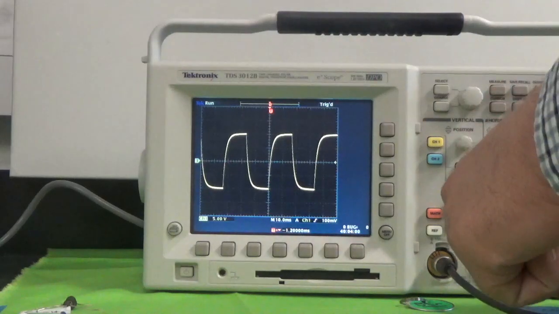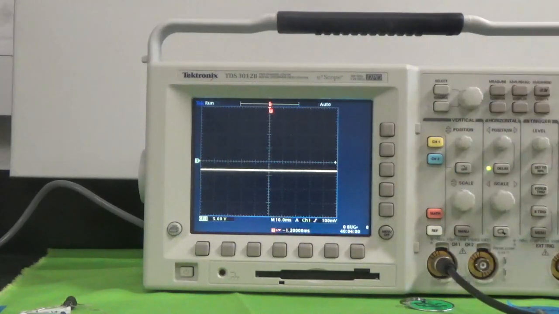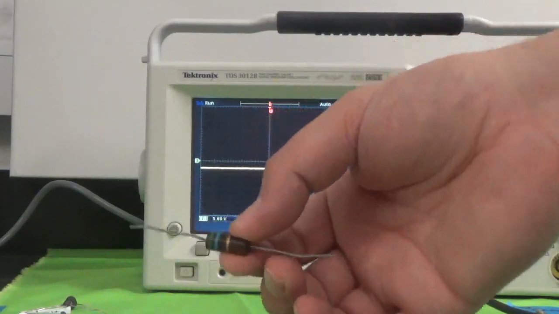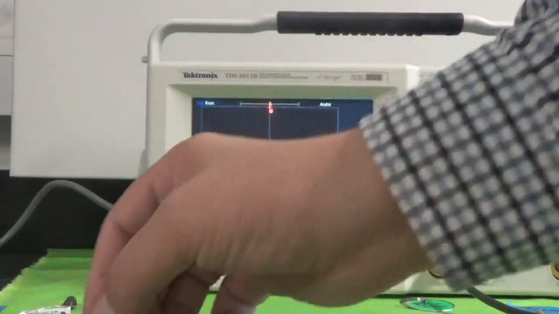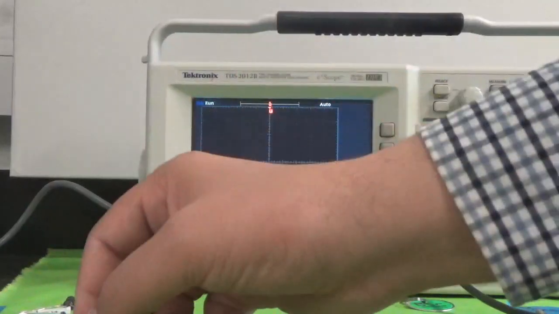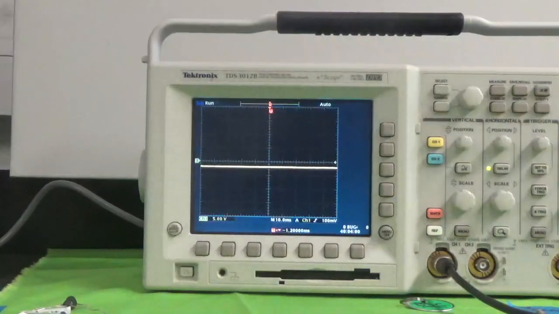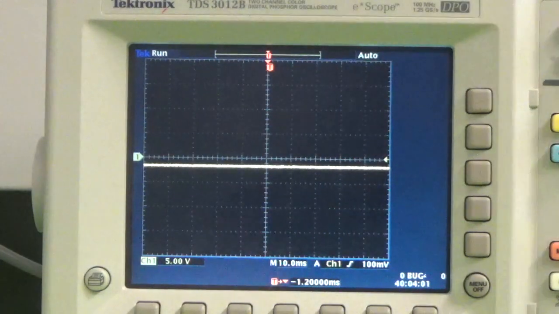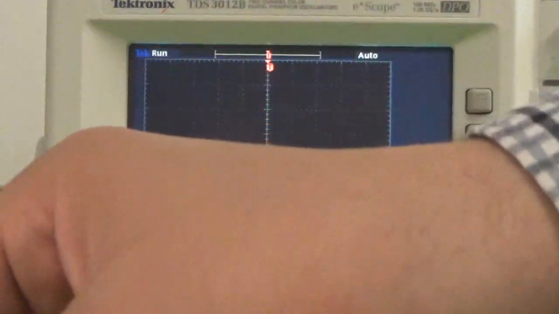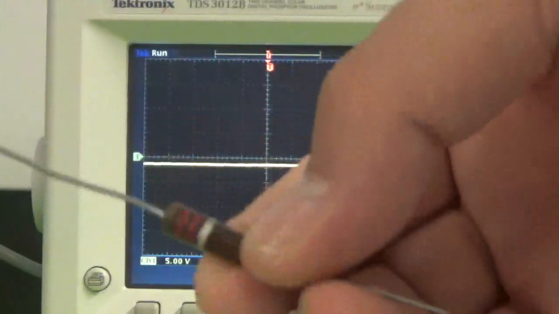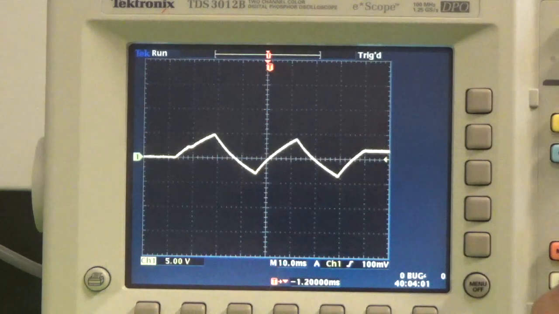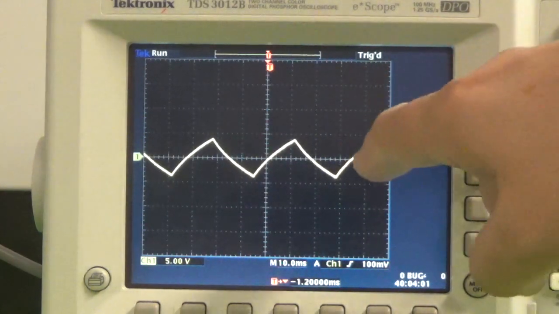So I will change now this resistance, okay, which is 59 ohms. Before that I will zoom in again like this. So I will use 1 kilo ohm and see what will happen.